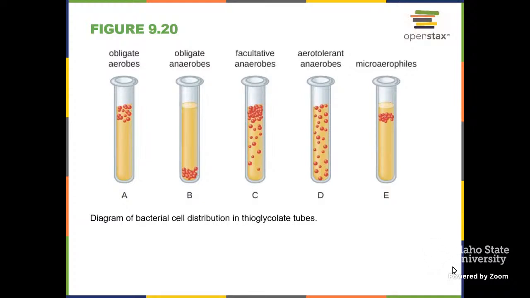But we don't want the whole thing to look pink, or then it tells us this whole tube's full of oxygen. And if you've got an obligate anaerobe, that sucker would never grow in that pink or green tinted tube, either way, telling you this thing's full of oxygen, all right?